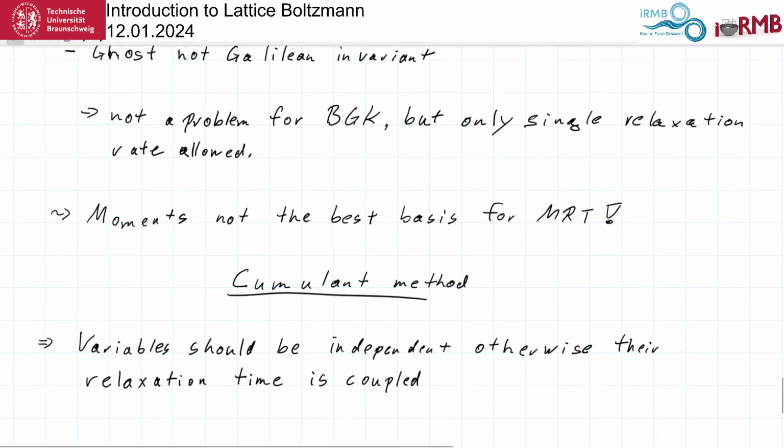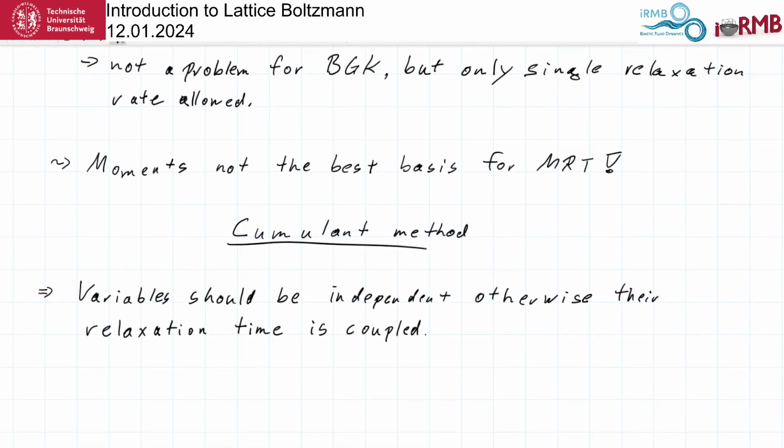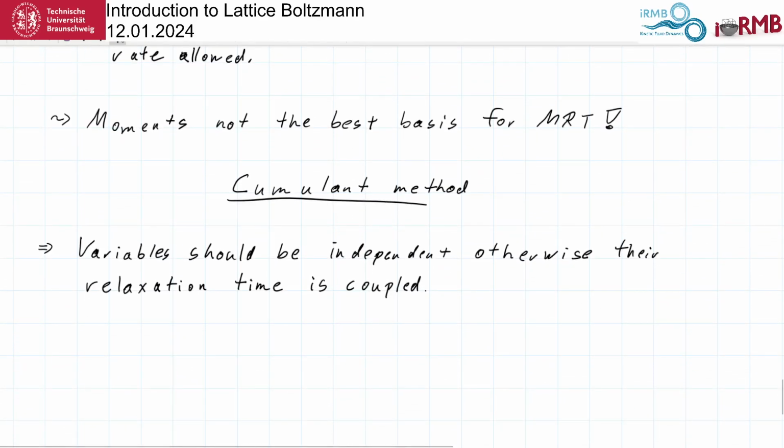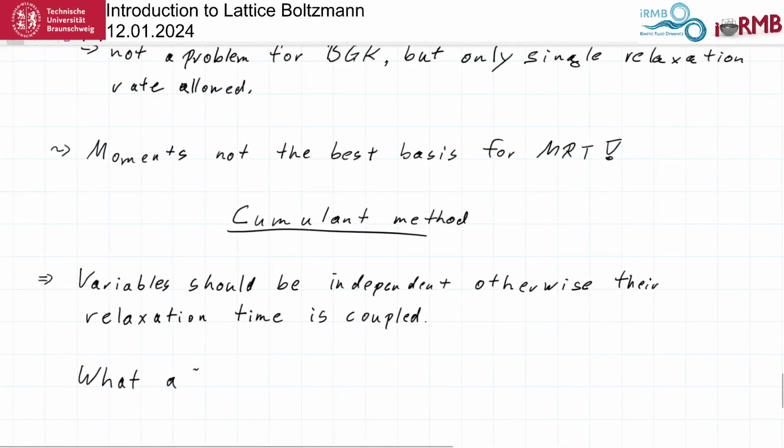And this is what we actually mean with independence. This is the main problem in MRT. Because what they do in MRT, by using this orthogonalization, they also want to make variables independent of each other, but they have not discussed what they mean by independence.